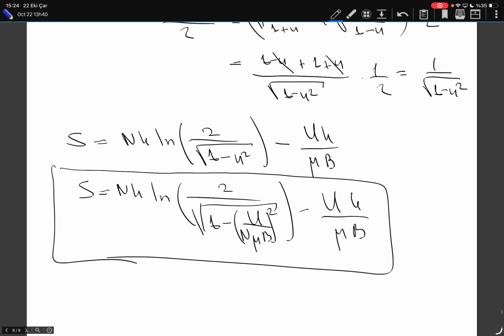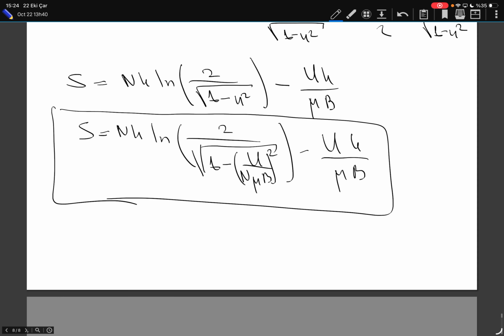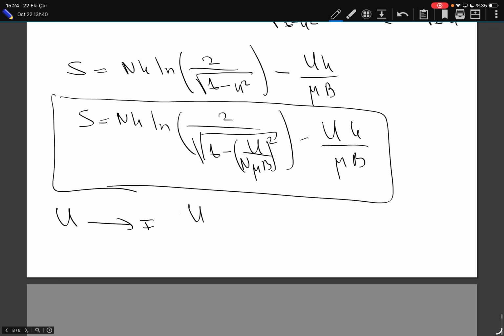Well, let's see what happens if U goes to plus or minus N mu B. That square root goes to 0.